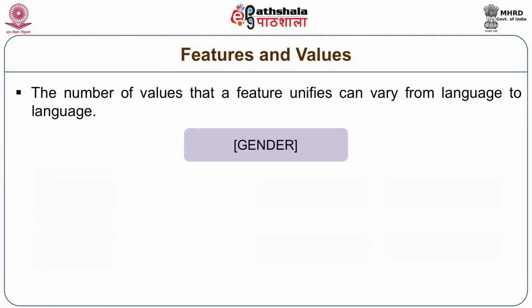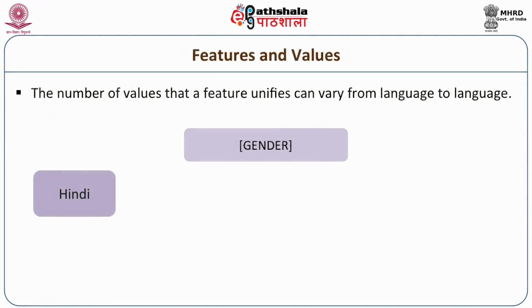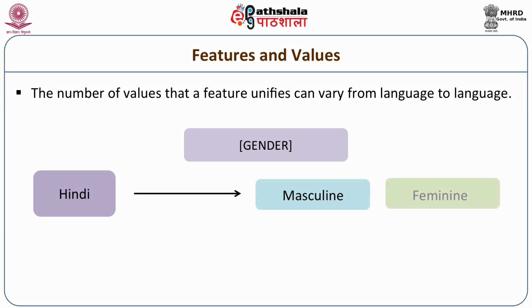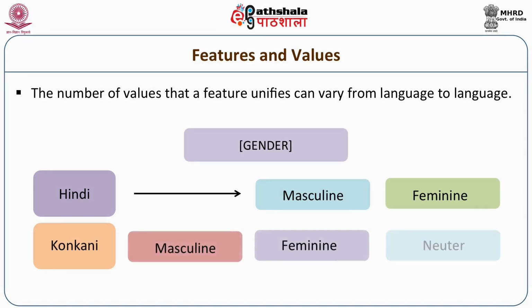Similarly, for gender, Hindi unifies the feature values masculine and feminine under gender, whereas a language like Konkani unifies the feature values masculine, feminine and neuter under the feature gender.